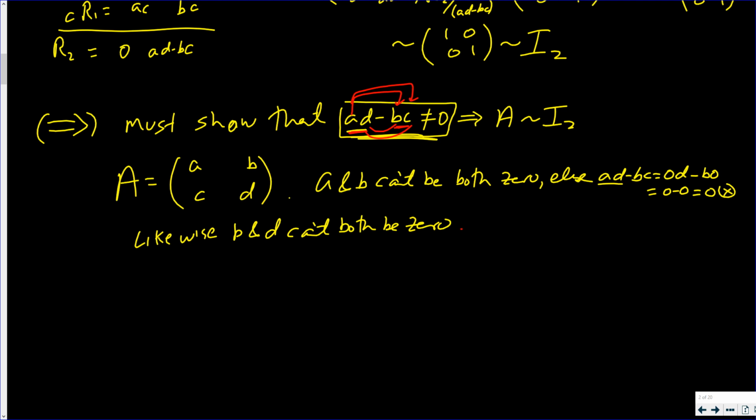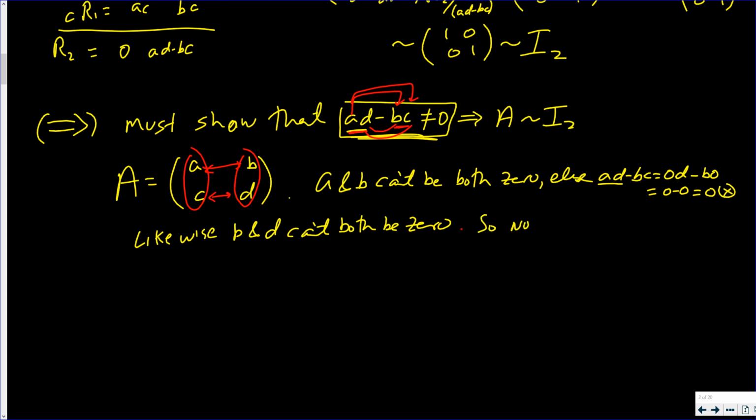So what we know is A and C can't equal 0, and B and D can't equal 0. That is, you can't have a column of zeros, but you can have any row being 0. Okay? All right. So let's write this out.